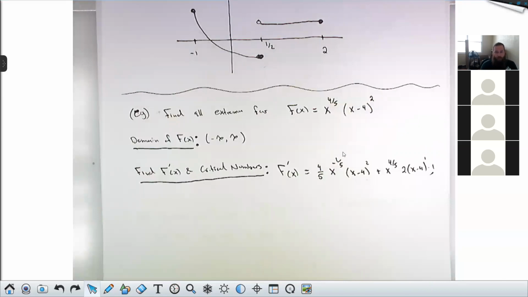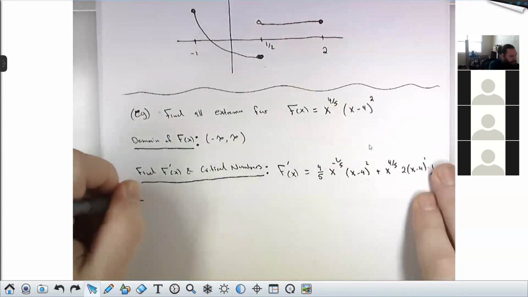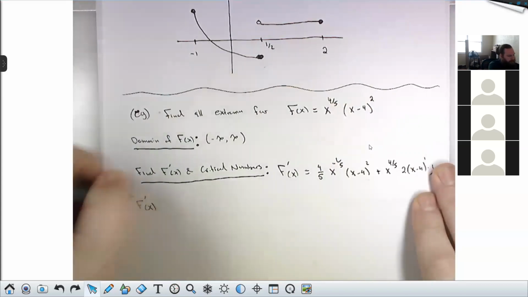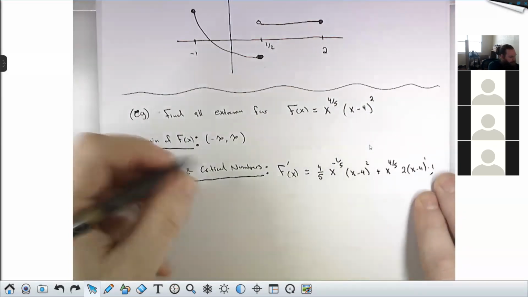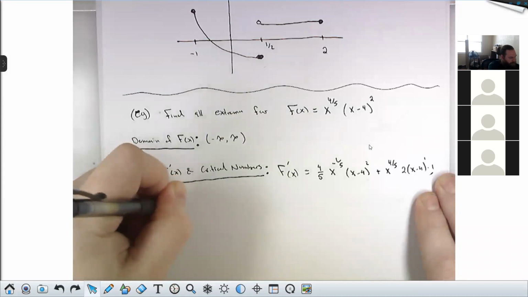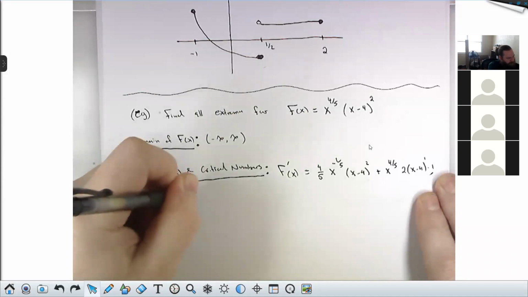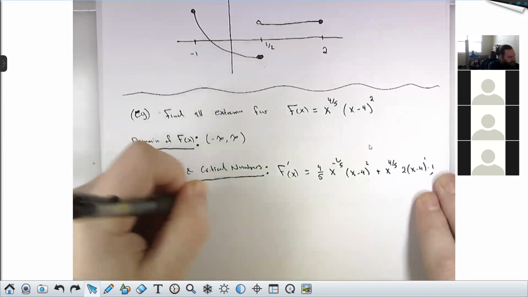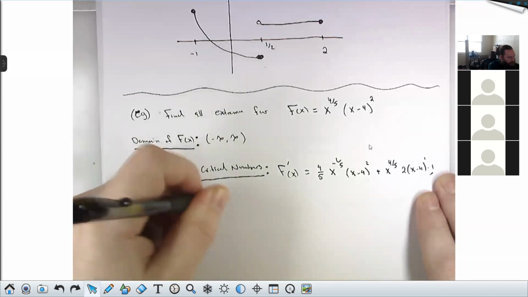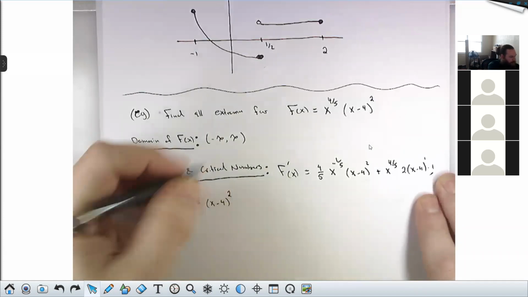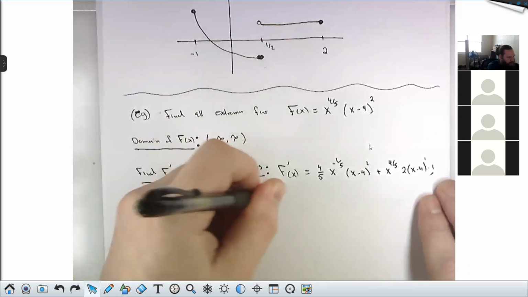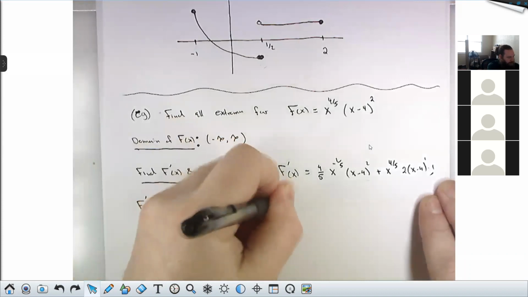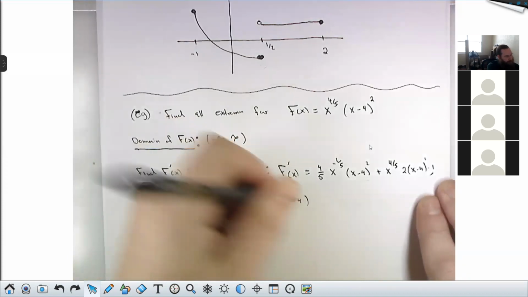This looks a little bit scary, so I'm going to show you a trick for cleaning this up. F prime of x, I'm just going to copy it down over here. We'll write it out like this. So this is 4/5 x to the negative 1/5 times x minus 4 quantity squared plus 2x to the 4/5 times x minus 4.